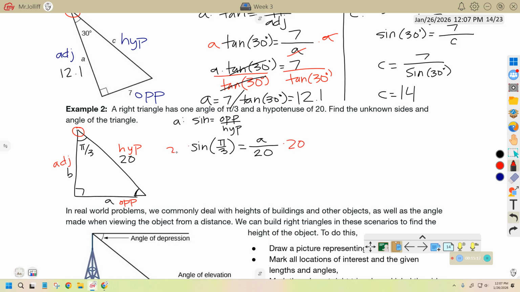I like that suggestion. Because that way these guys cancel. So A equals 20 times sine of pi over 3. What setting should my calculator be in? Radians, very good. You need to change it to radians before you do your math.